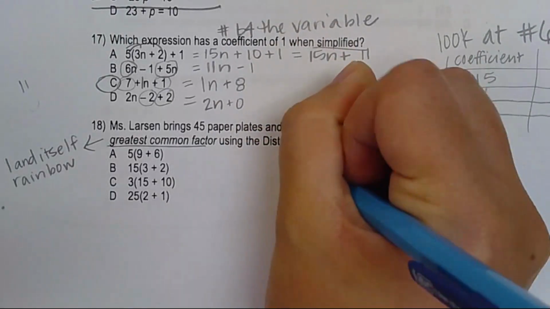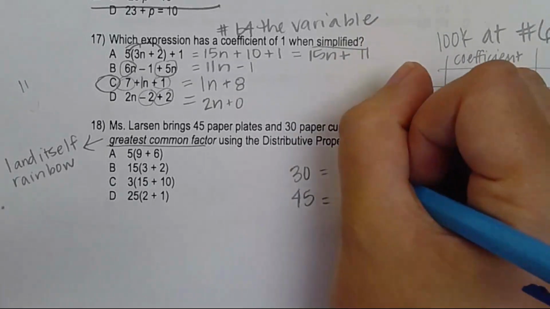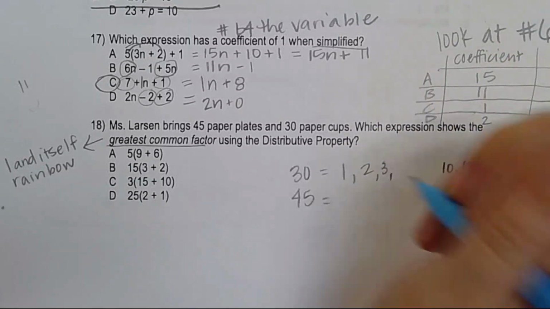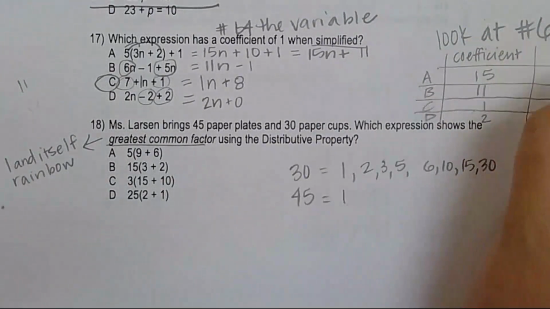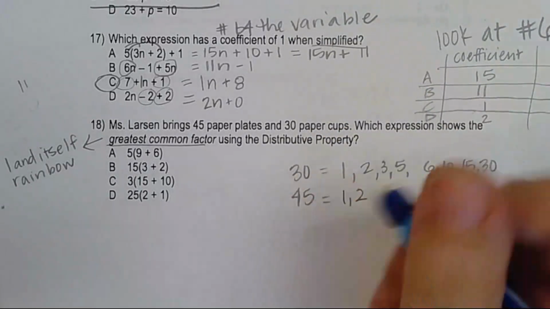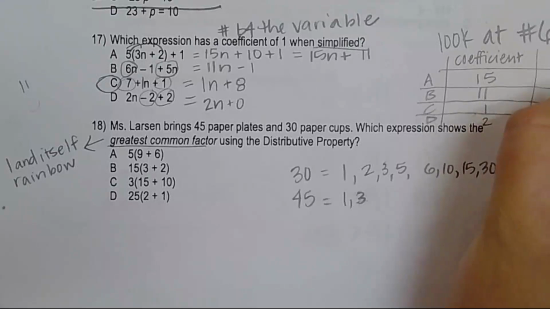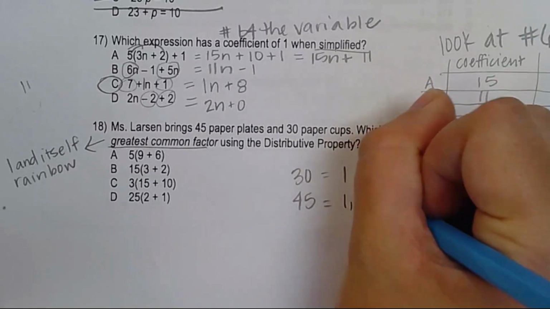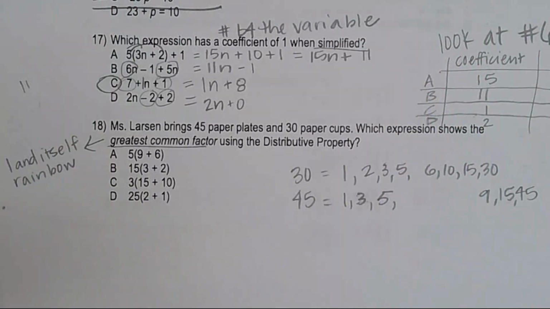And when I do that, it's 1 and 30, 2 and 15, 3 and 10, 4, no, 5 and 6, and I can stop there. 45, it's going to be 1 and 45, 2 and, nope, 3 and 15, then 4, no, 5 and 9, 6, nope, 7, nope, 8, nope, and 9.